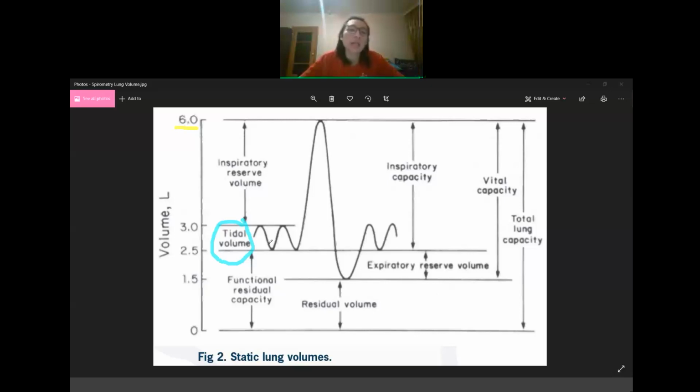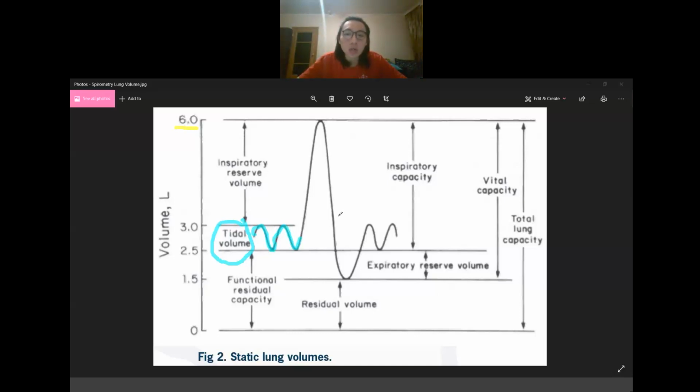Not forced, not strained or whatnot. The patient is not trying to inhale or exhale as much as they can. Just normal breathing. So you see here, what goes up is your inspiration, goes down is expiration, inspire, expire. So this is your normal tidal volume.